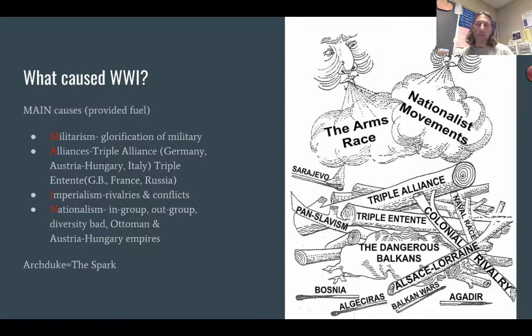The other thing that starts to happen, because of colonialism and this growing militarism, is that Europe divides itself up into a series of alliances. These alliances changed and evolved over time, but essentially when we get to World War I, we've got the Triple Alliance, which is Germany, Austria-Hungary, and Italy, and the Triple Entente, which is Great Britain, France, and Russia.